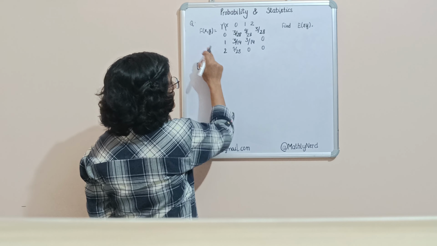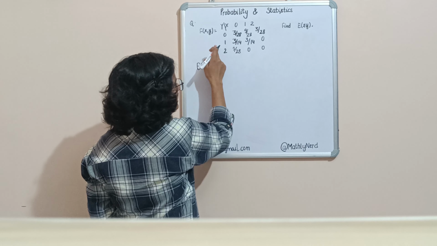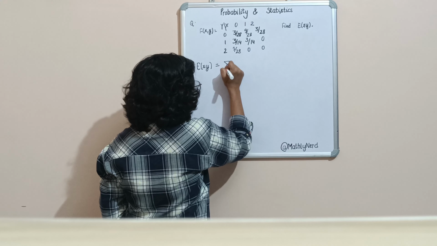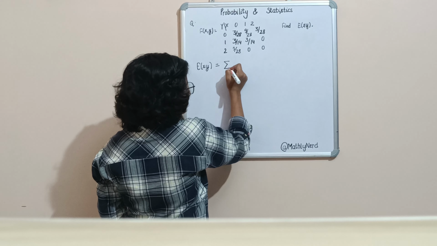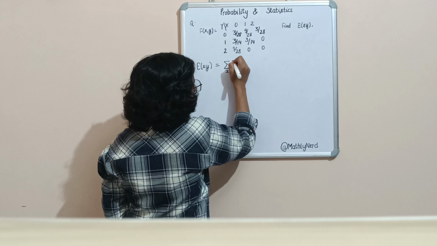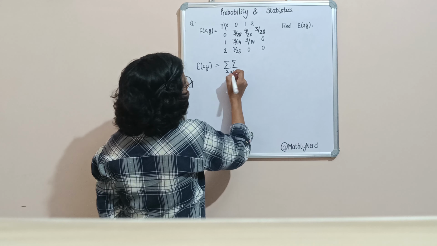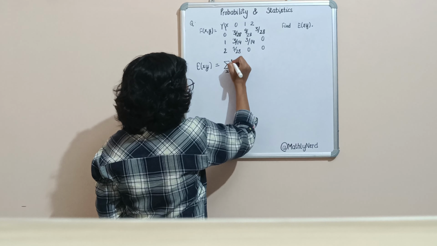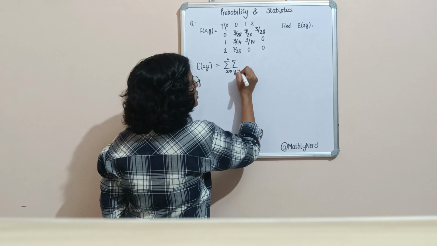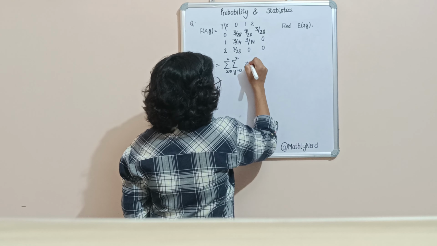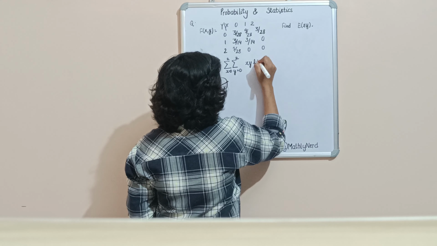As we can see, these are discrete random variables, so we will solve this by using summation over x and summation over y, where x goes from 0 to 2 and y goes from 0 to 2, of xy multiplied by f(x,y).